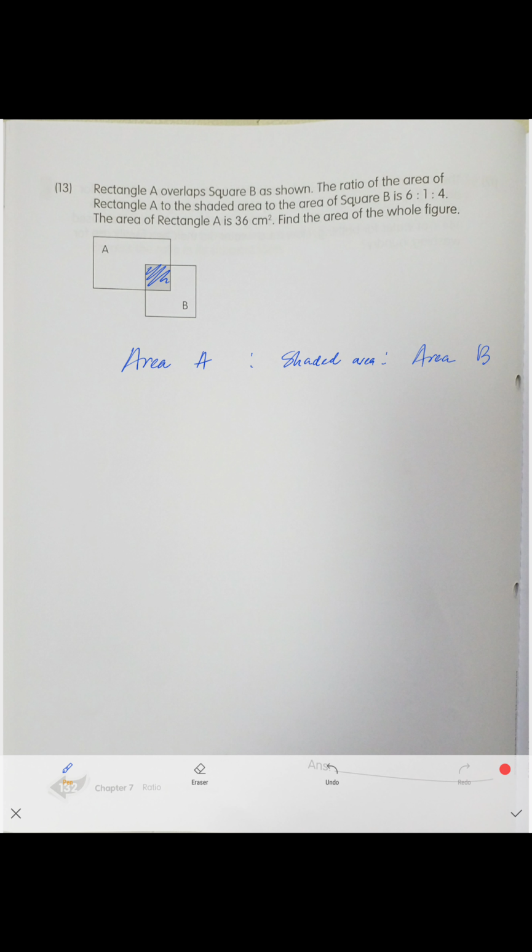First, they give us the ratio. It is 6 to 1 to 4, right? 6 to 1 to 4. Okay? And they tell us that area A is 36, well, square centimeters, right? But we're not going to use numbers because it's ratio, right? How do we go from 6 to 36, right?